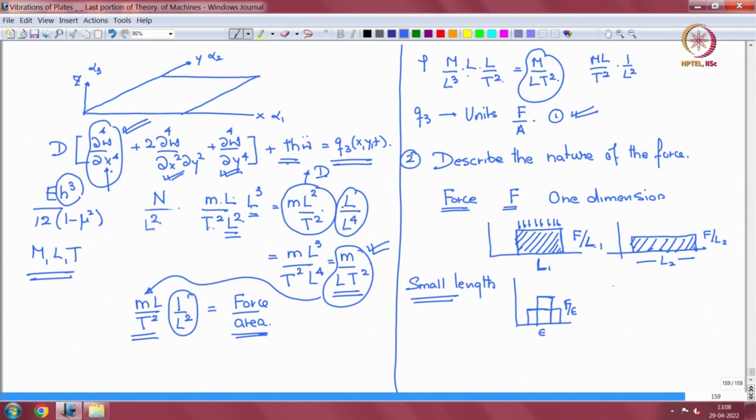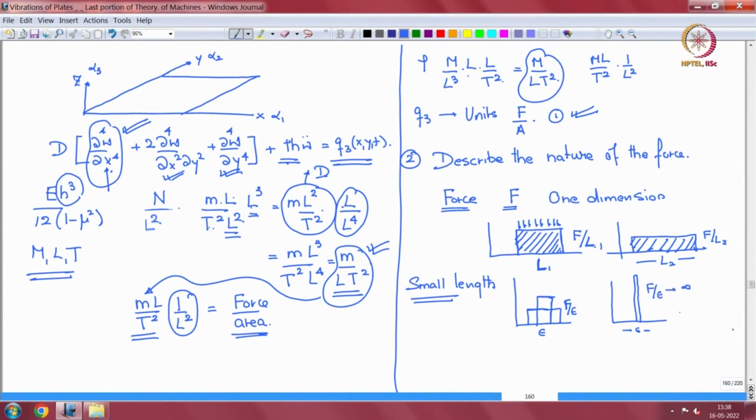In the limit, epsilon will tend towards 0, and F over epsilon will tend towards infinity.